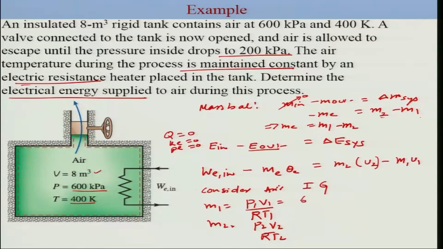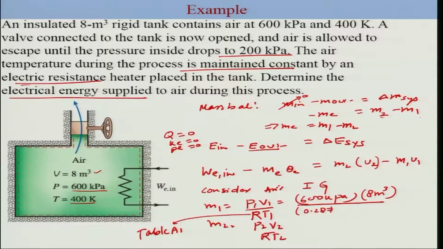P1 is of course 600 kilopascal. The volume is already given to you. We can get R from table A1. So this is 0.287 kilopascal meter cube per kg Kelvin, and 400 Kelvin. So this comes out to be 41.8 kg.